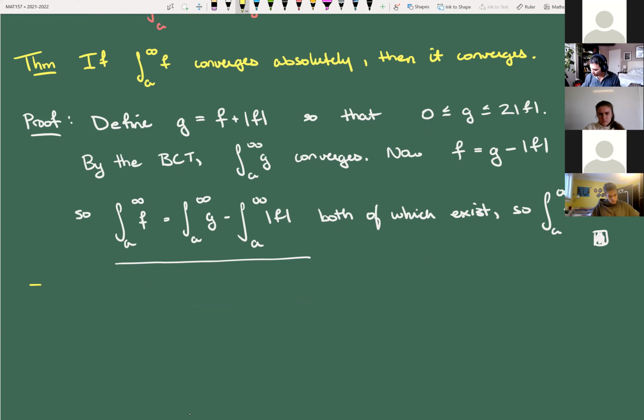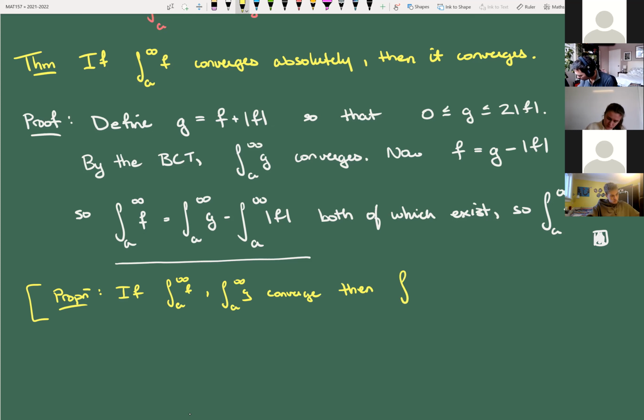The theorem that we want here, or maybe just a proposition, is that if the integral from A to infinity of F and the integral from A to infinity of G exist, or let's say converge, then this converges.